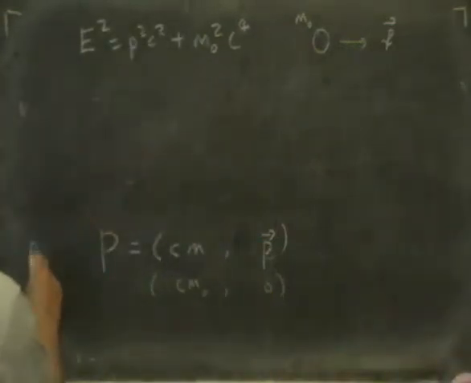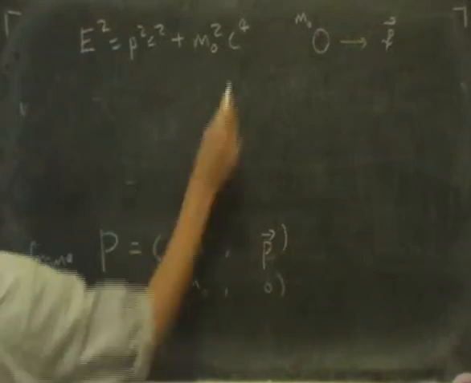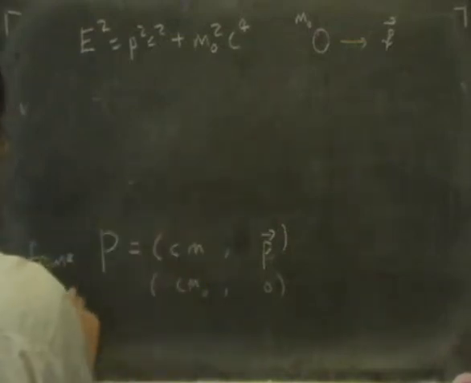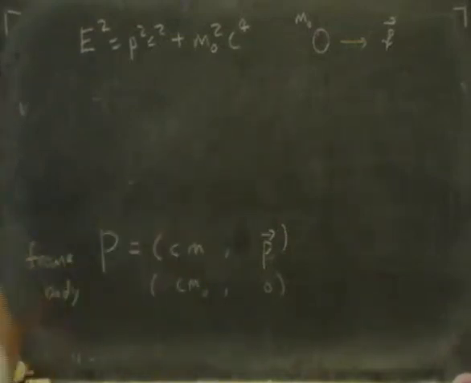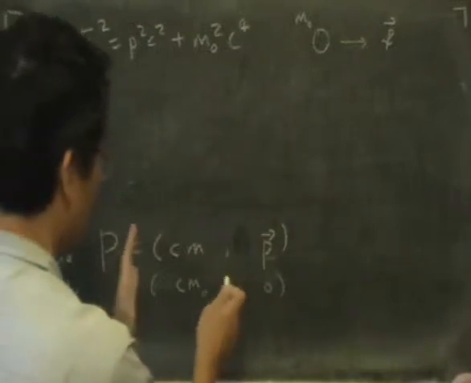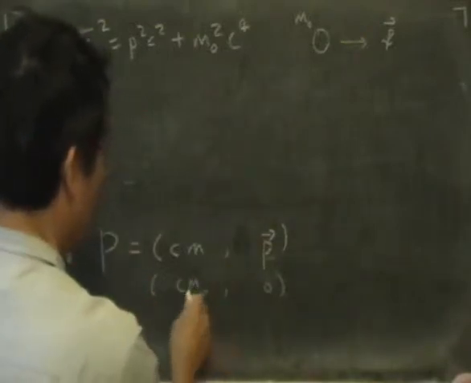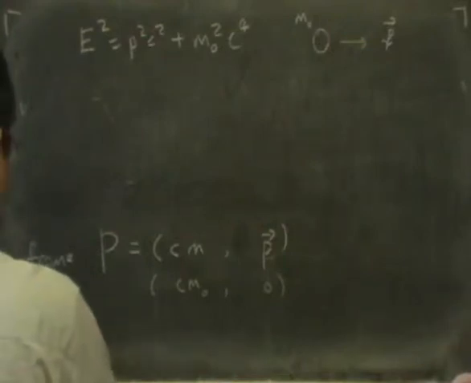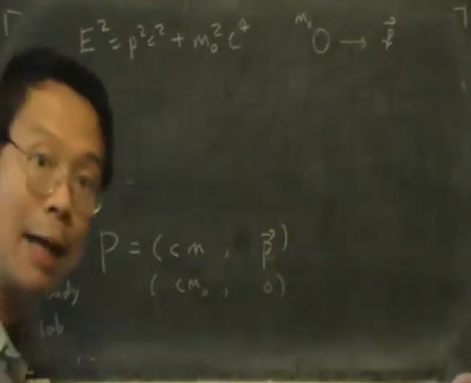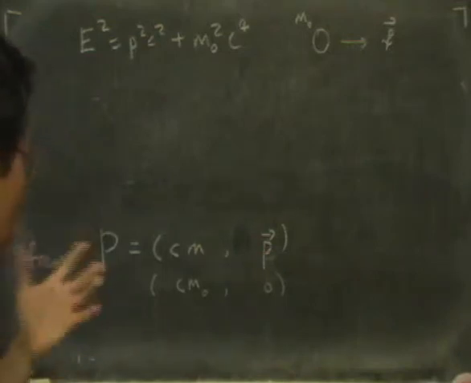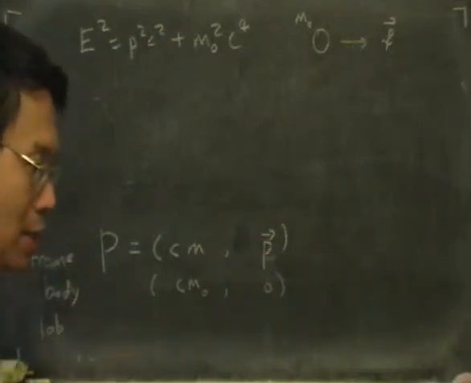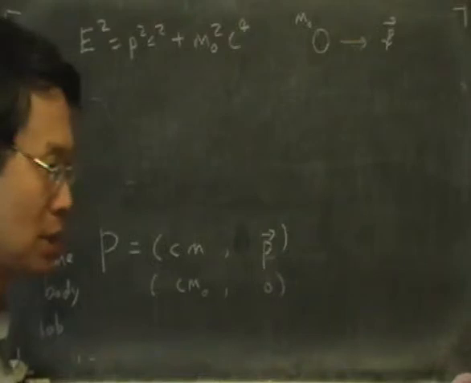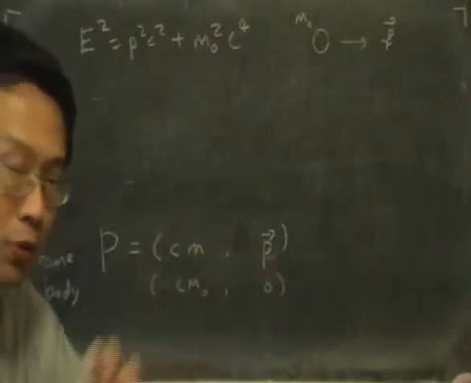Let me rephrase it this way. In the frame of the body, the frame that moves with the body, the body is at rest and therefore you have rest mass and 0 momentum. But in the frame of the laboratory, the lab frame, as we often say, from someone who is standing in the laboratory and looking at this body moving.